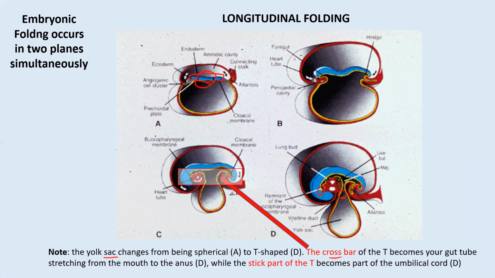And the crossbar of the T becomes your gut. Well, the stick becomes part of the umbilical cord. That's where the umbilical cord is going to form. And the yolk sac, in humans, is kind of a vestigial organ. It's involved with, I think, blood formation. We'll look at this a little bit later on.